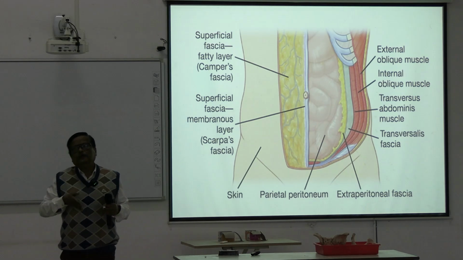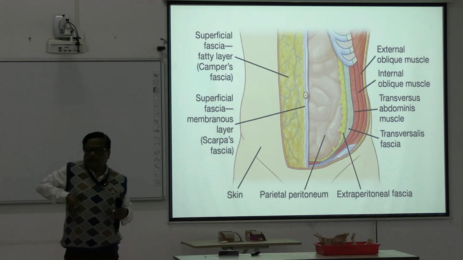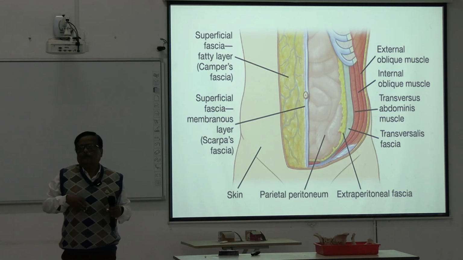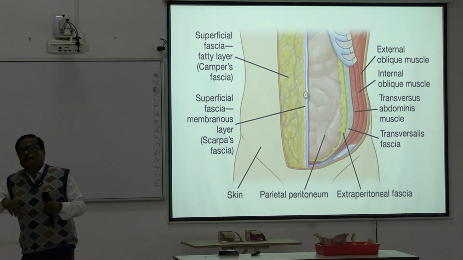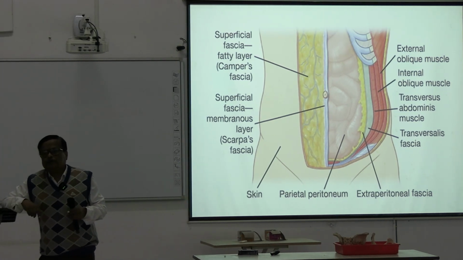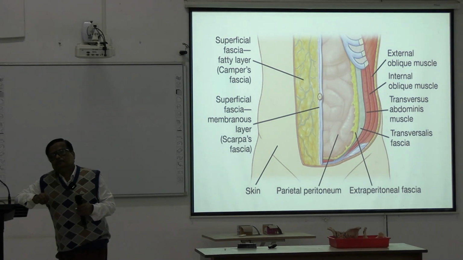External oblique, internal oblique and rectus abdominis are muscular here, but when they come to cover the anterior wall of the abdomen, especially the rectus abdominis, passing in front of the rectus abdominis or behind it, they become aponeurotic to form the rectus sheath.